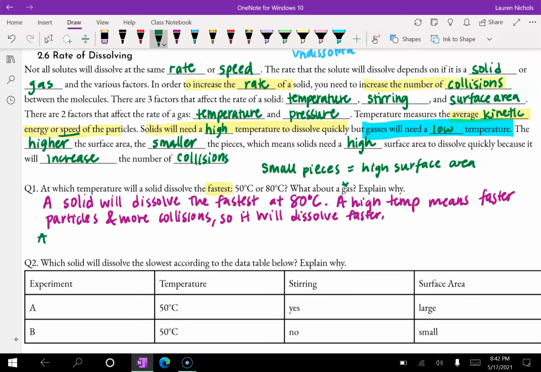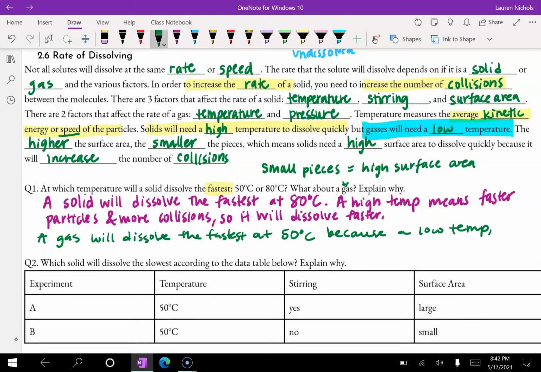So a gas will dissolve the fastest not at 80 degrees, but at 50 degrees, because a low temp means slower particles, and the molecules collide less often.